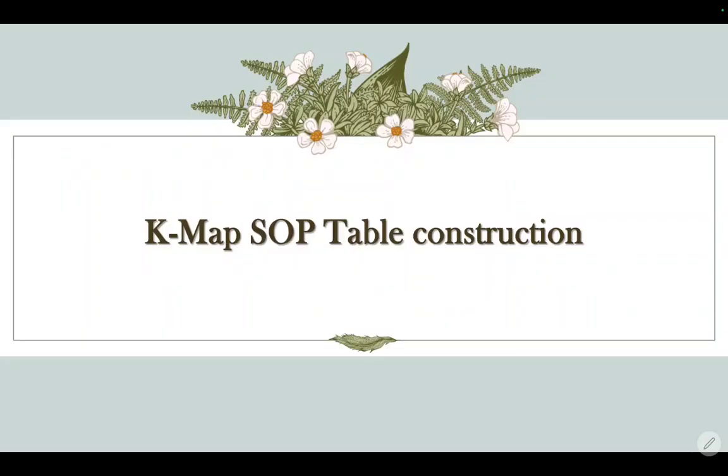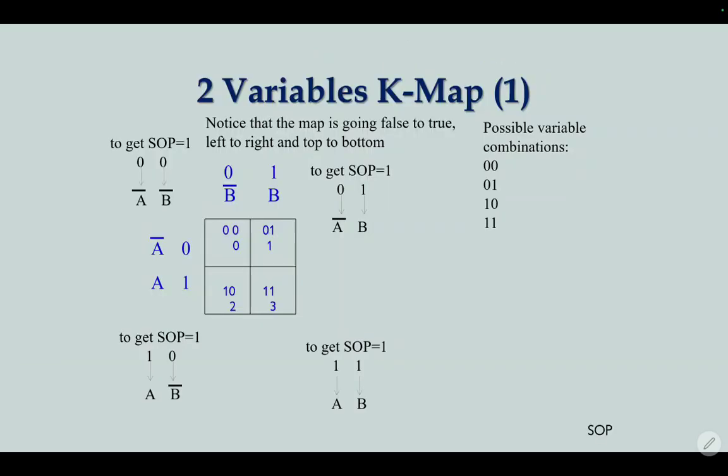So how do you construct the SOP table for K-map? This is example for 2 variable K-map. So you got A bar, A, either 0 or 1. B bar, B, either 0 or 1. The way that you read is A0, B0, which is this one.